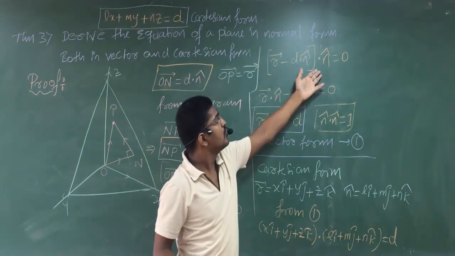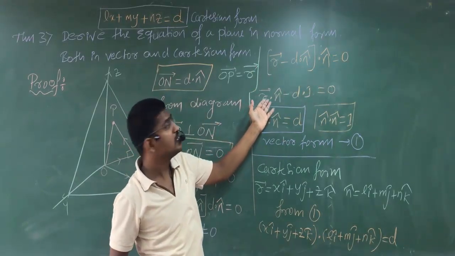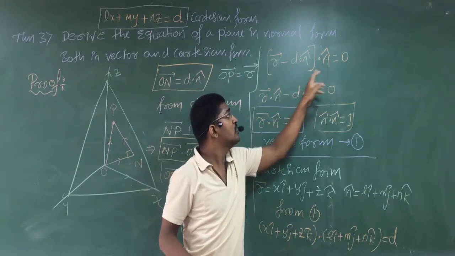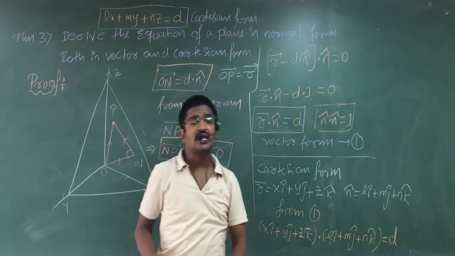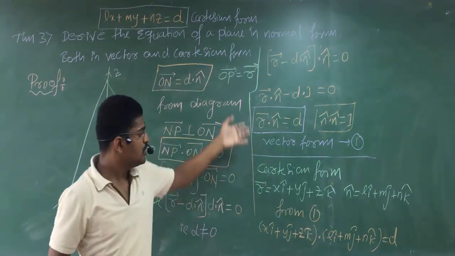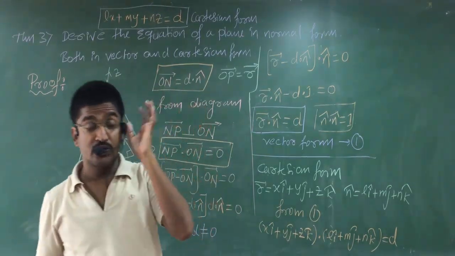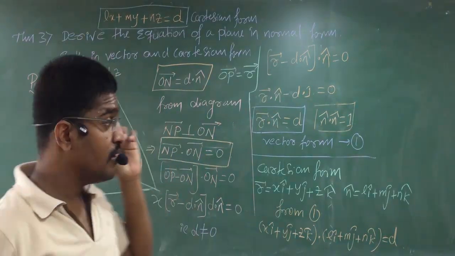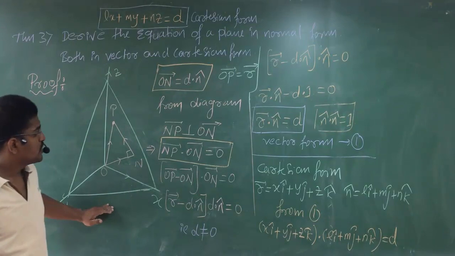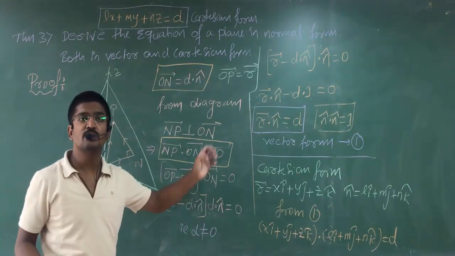Again r dot n cap remains the same. N cap dot n cap is 1 because this is a unit vector. So you take minus d on that side. Therefore r dot n cap will be equal to d. So it is a very simple theorem, but you must be very careful while drawing the diagram and while simplifying.